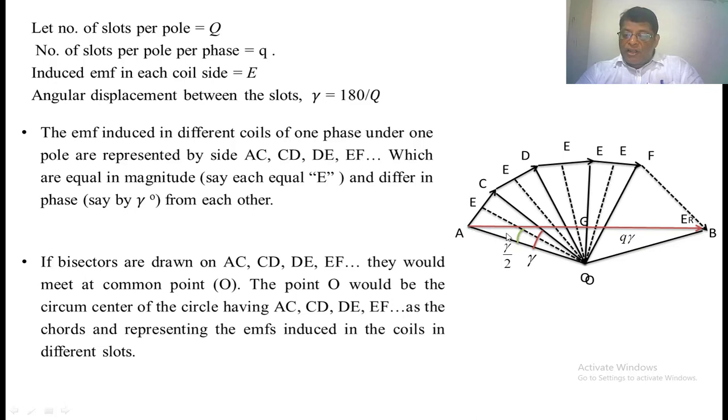From point A we draw one line to the origin, and in the same manner from point C we also draw a line to the origin. Here we can find one triangle, OAC. Already we have drawn the perpendicular bisector. This angle is nothing but gamma, and this angle is gamma by 2.